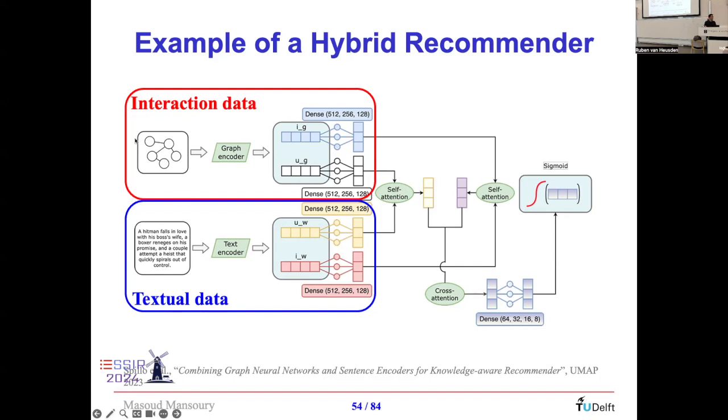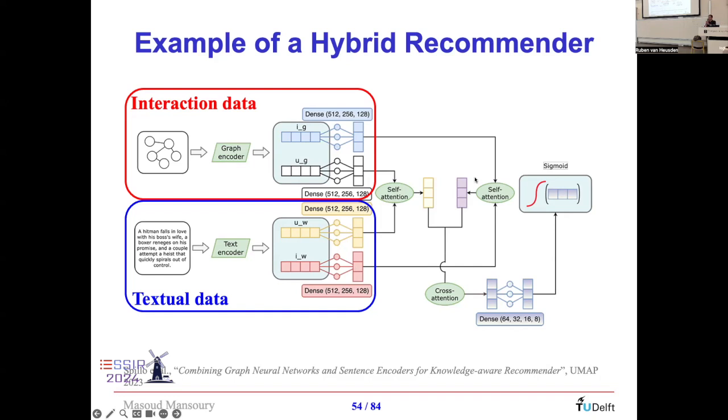Here we have the interaction data in the form of a graph. Then we have a graph attention model to learn the embeddings for items and users. And then we also have textual information, and a language model like BERT is used to learn the embeddings for users and items. There are certain approaches for combining the embeddings for the items and the users.